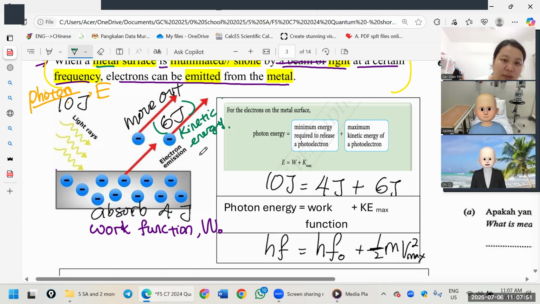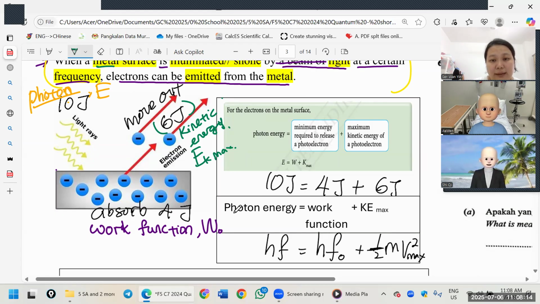Normally what we write is EK max. Okay, so we can get the idea. Photon maximum absorbs 4, gets out 6.